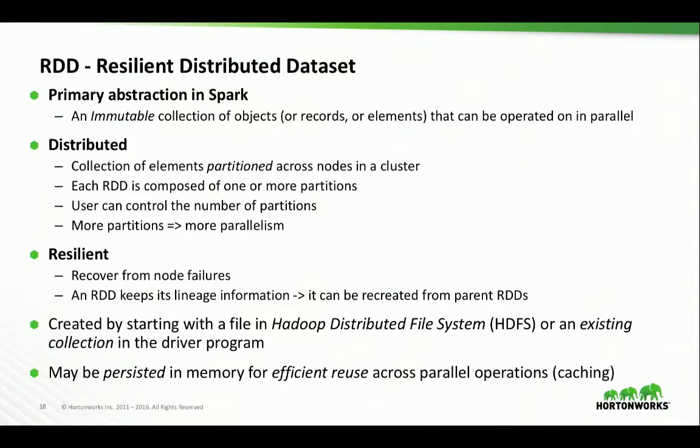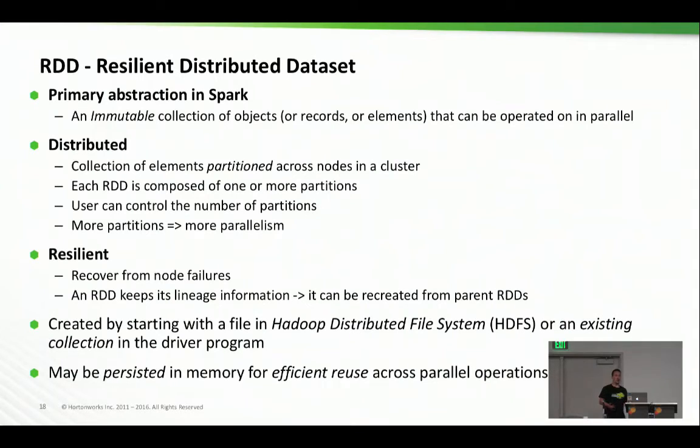So you have elements partitioned across different nodes. You can control the number of partitions if you figure that you would like to have more or fewer partitions. Maybe you want to have 1 partition instead of 8 partitions, or vice versa. And they're resilient. The whole concept is that they can recover from node failures on their own, which is a very important thing, especially in distributed systems.